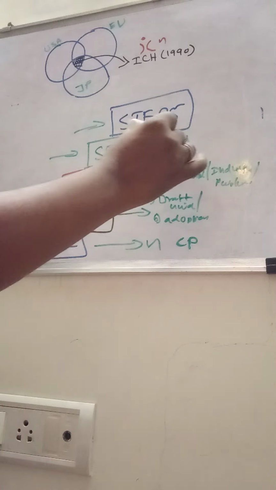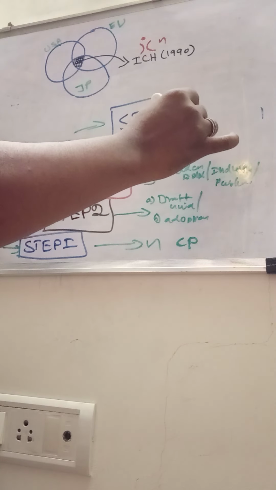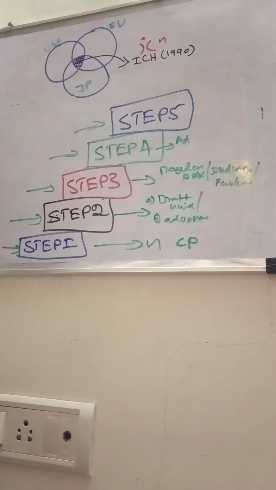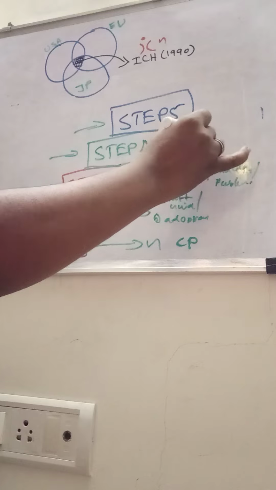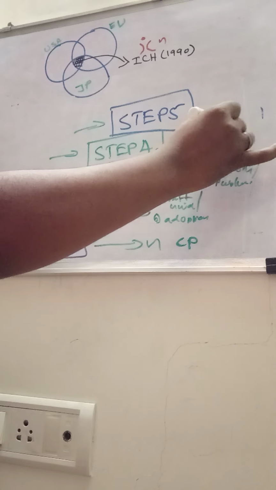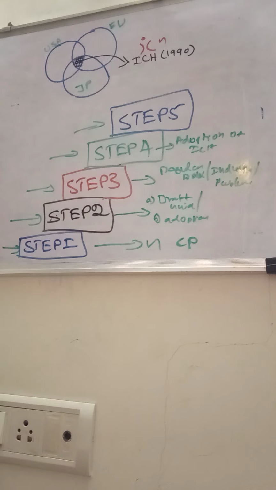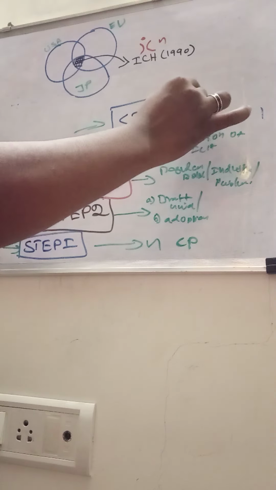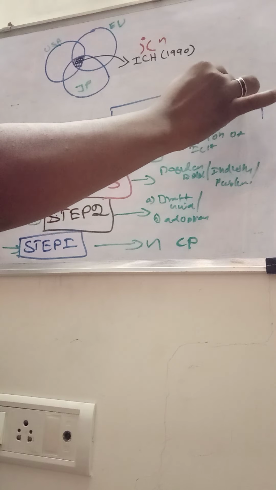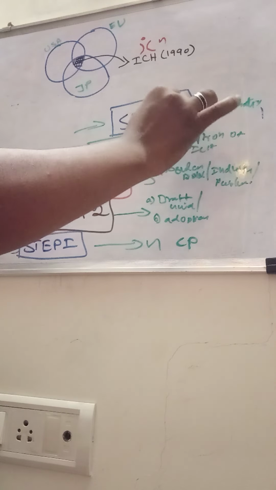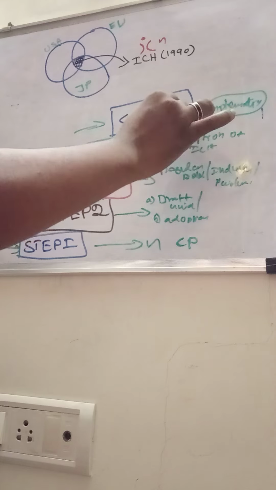So here it goes as the adoption of the ICH harmonized guideline. Step 5 is a kind of implementation.